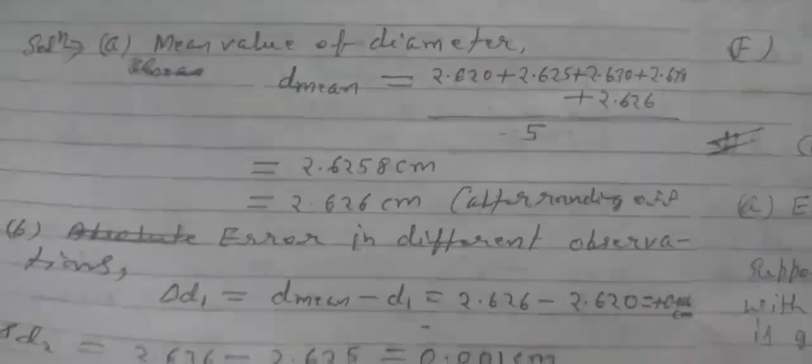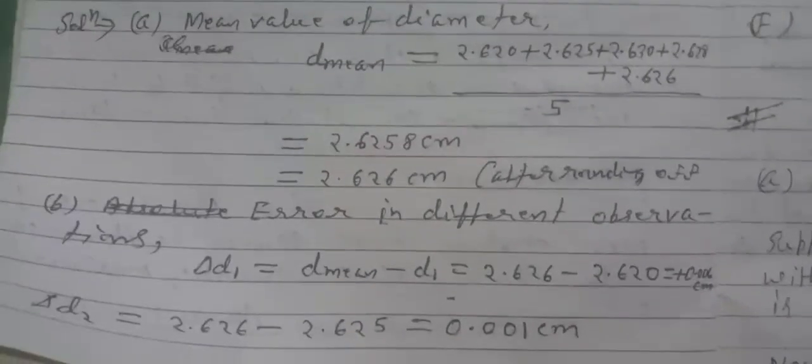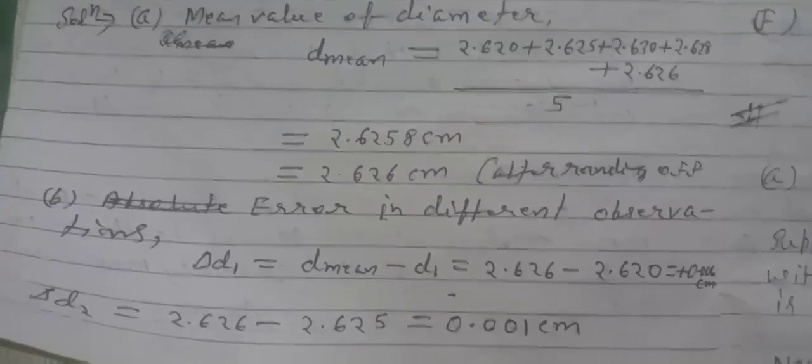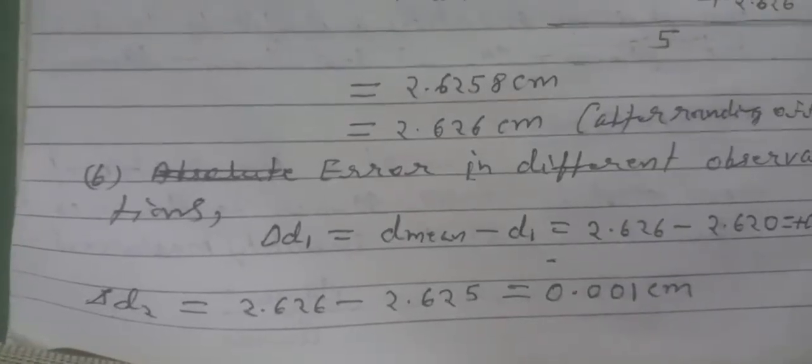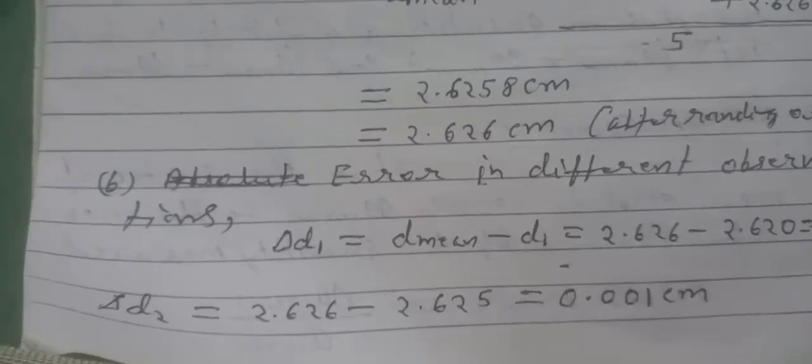Now, errors in different observations. ΔD1 equals D mean minus D1, which is 0.006. ΔD2, 2.626 minus 2.625 equals 0.001 cm.